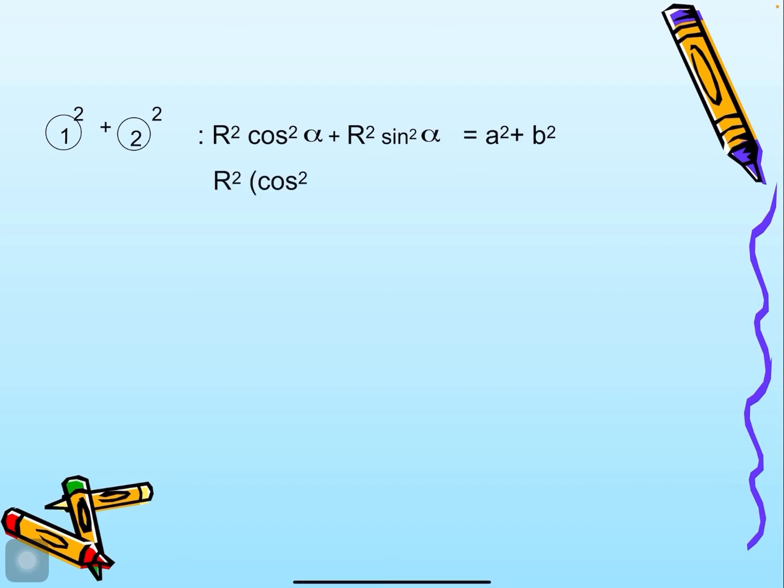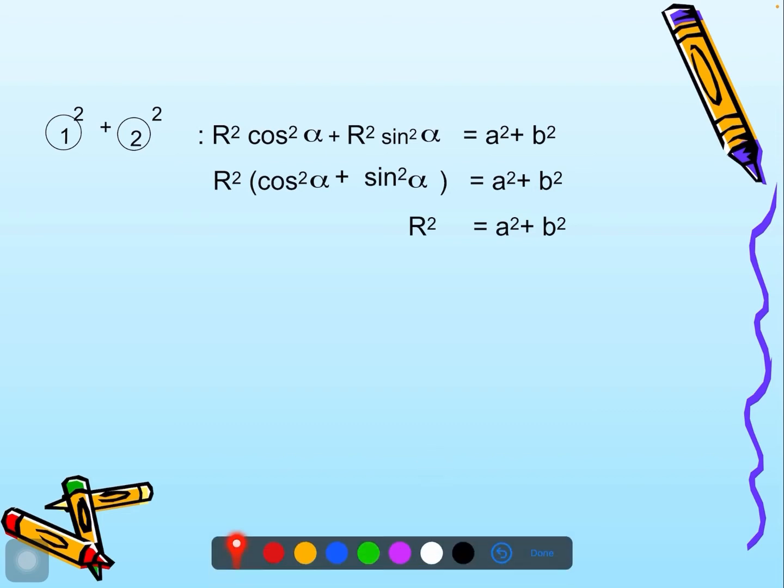Then we factorize the r squared: r squared times (cos squared alpha plus sin squared alpha) equals a squared plus b squared. Since cos squared plus sin squared is 1, r squared equals a squared plus b squared. So r is the square root of a squared plus b squared.